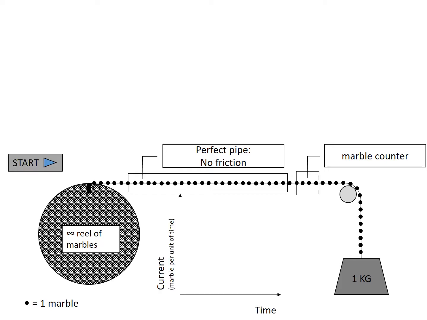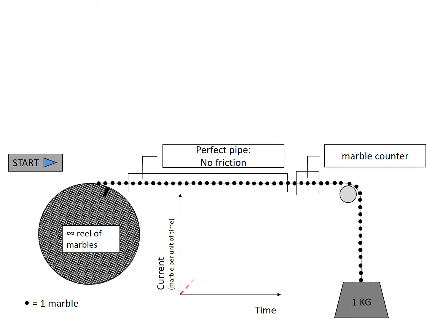As our system is complete and ready now, what we want to monitor is the current of marbles, measured by the marble counter, in relation to time. With our reel of marbles blocked, of course the current is equal to 0. Now let's unblock the reel by pressing the button Start and check what is going to happen.